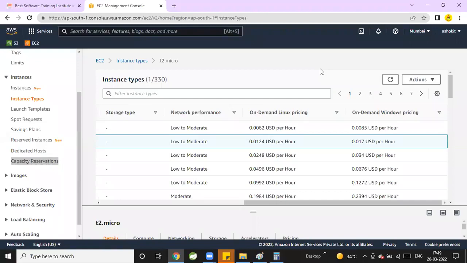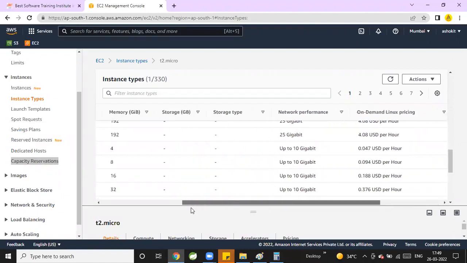Suppose if you want to go for Windows, is the price increased or decreased? Little high. $0.017 per hour. Windows instance has a little higher price when compared with Linux.